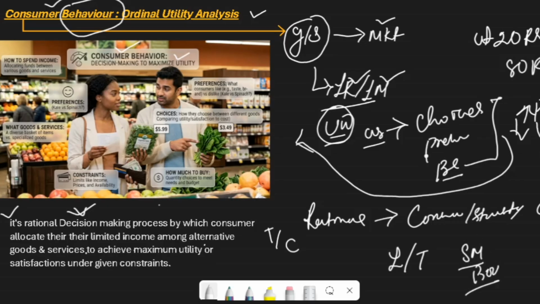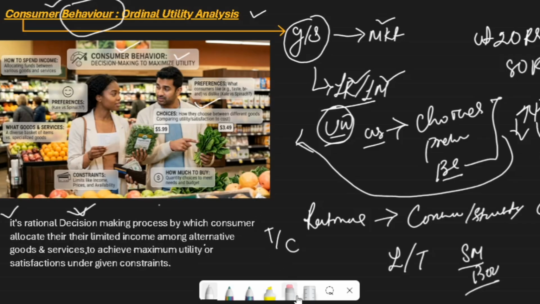Here we are talking about the choices. These preferences and choices are made in such a way which gives the maximum satisfaction to the consumer. So the rational decision making process is basically related to consumer behavior.